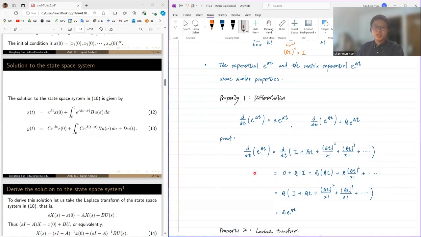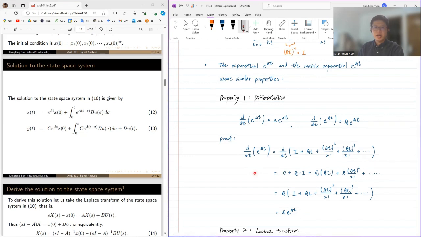Recall that the matrix exponential e to the A times t is defined as the power series shown here. So if we differentiate e to the A times t with respect to time, it is equivalent to the sum of the derivative of each term in the series. Here, the identity matrix, which is a constant, becomes 0. A times t becomes A. Squared of A times t over 2 factorial becomes A squared times t, and so on.